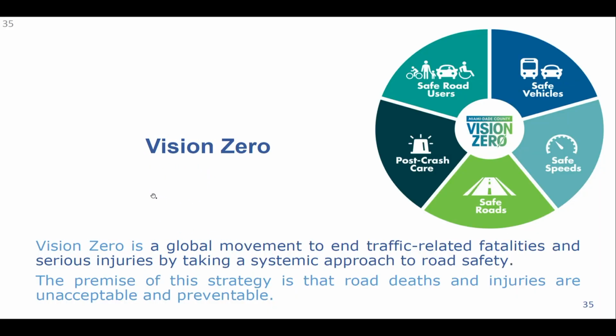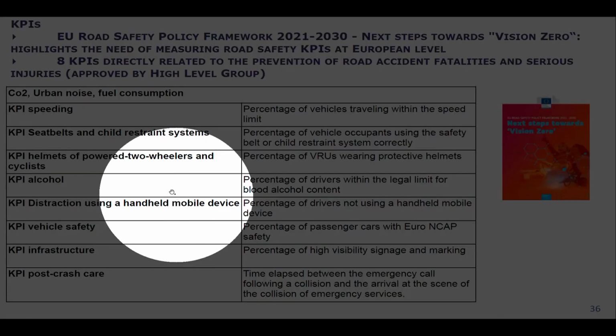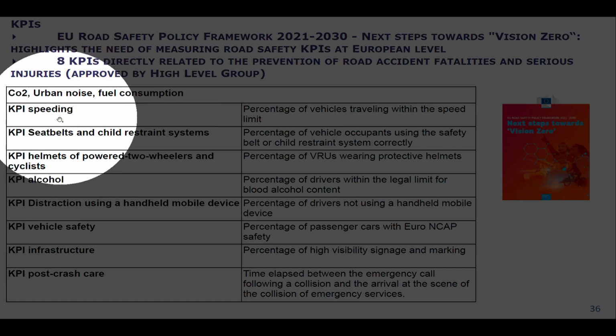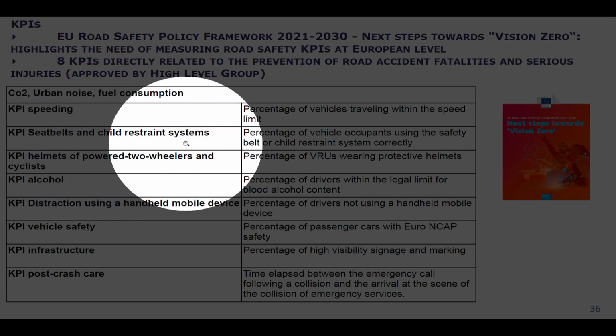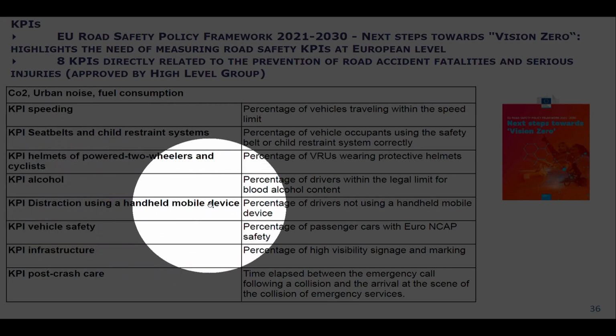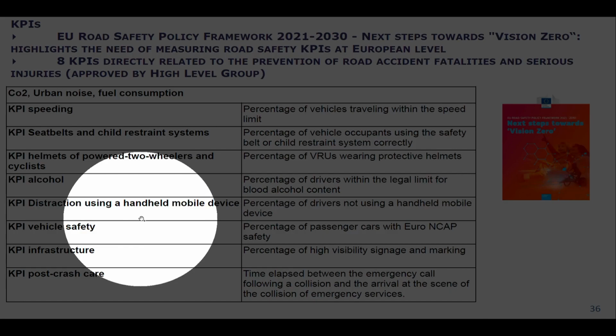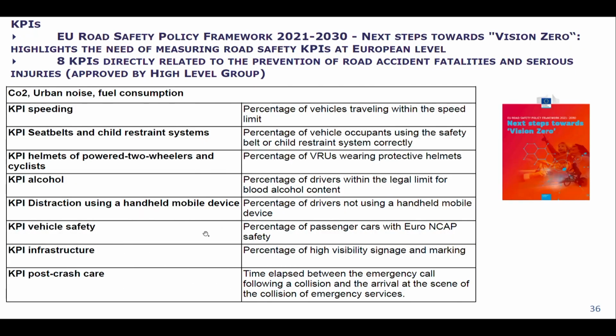And then all these KPIs about speeding, seatbelt and child restraint system, helmet, alcohol, distraction using the handheld mobile device. So for us, the KPI distraction is only using a handheld mobile device, yes or no, which is not enough.